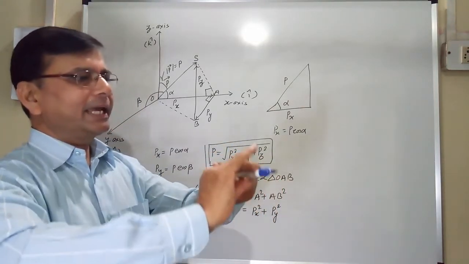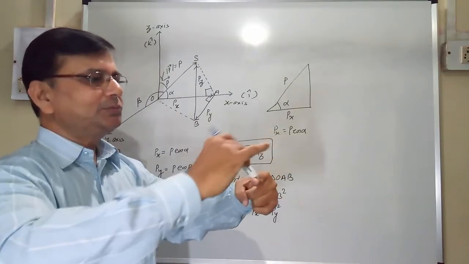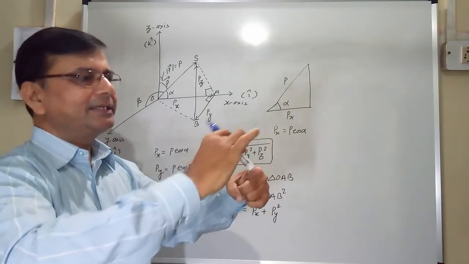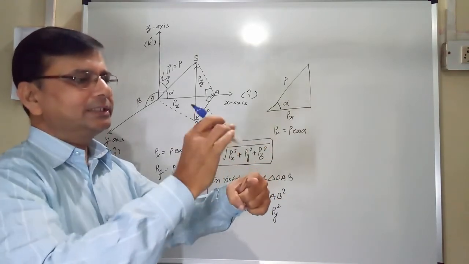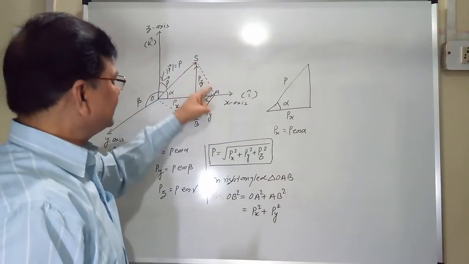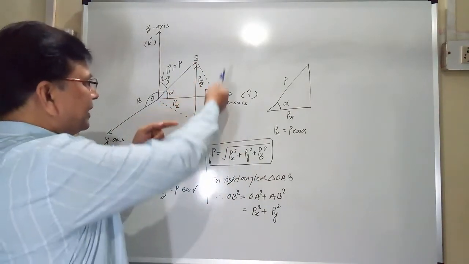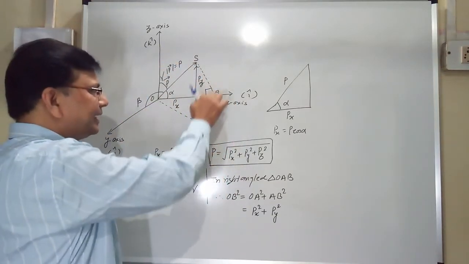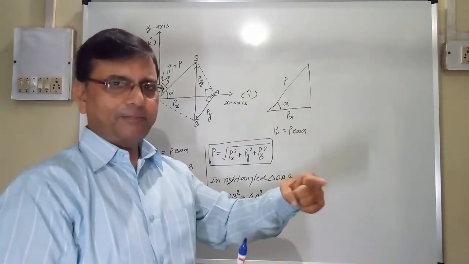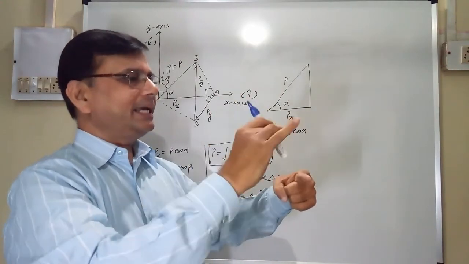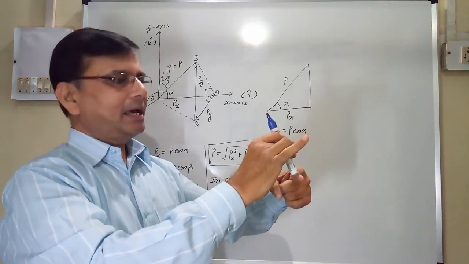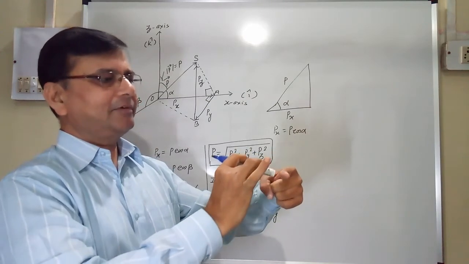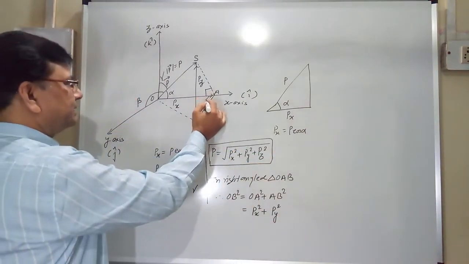If we go on moving like this, this will always remain 90 degrees with this line, isn't it? If you go on turning, this angle will not change. Similarly, this is 90 degrees on this. If we rotate about this, this will also be 90 degrees when it comes on the surface. This is the axis, the point is here, so this is the direction, and if we bring it on the ground, it will be like this, so this angle will be 90 degrees. So that I have shown, that is 90 degrees.